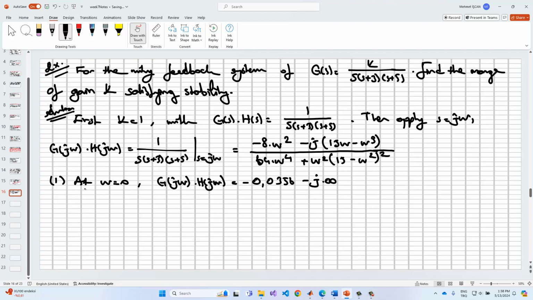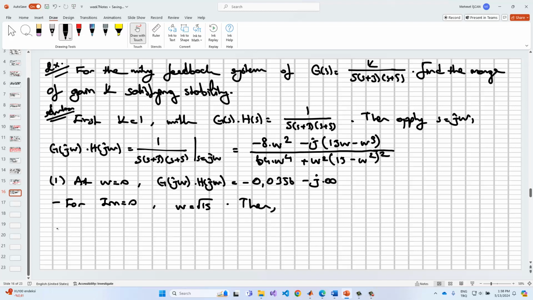Okay, and so for the imaginary part equal to 0, w can be found as the square root of 15, because we have this information here, 15 times w minus w cubed.